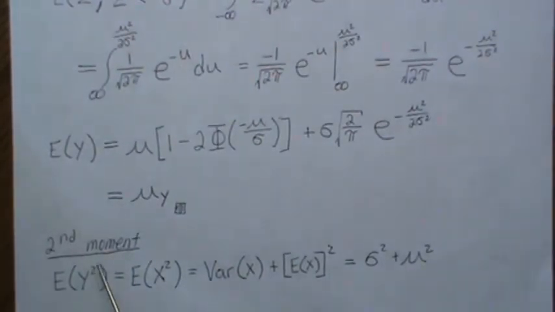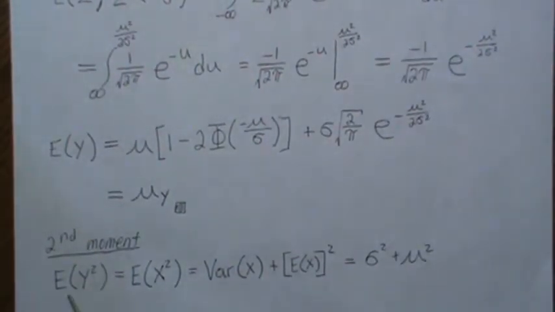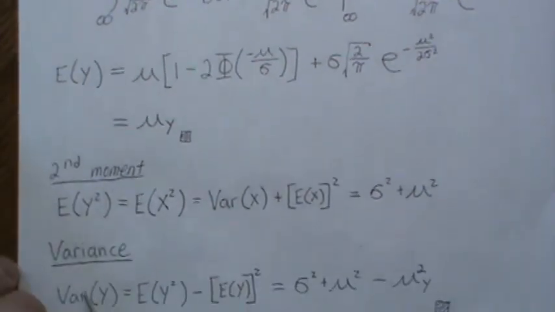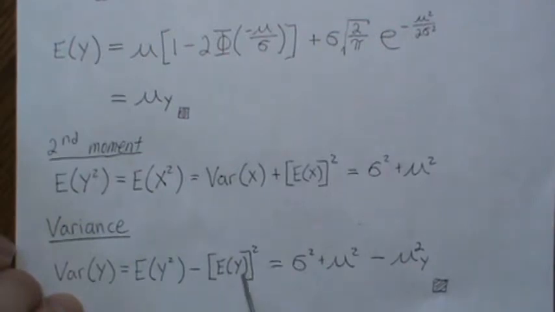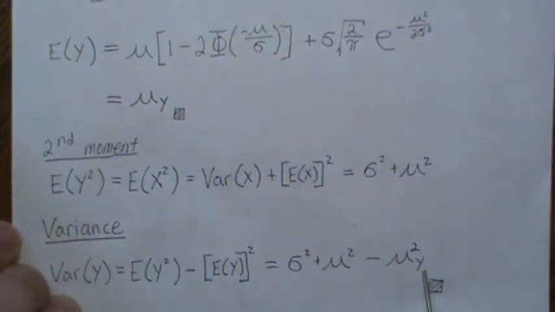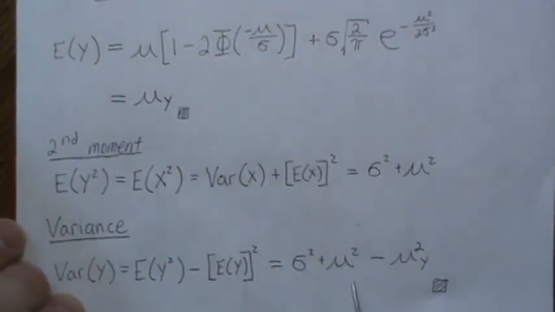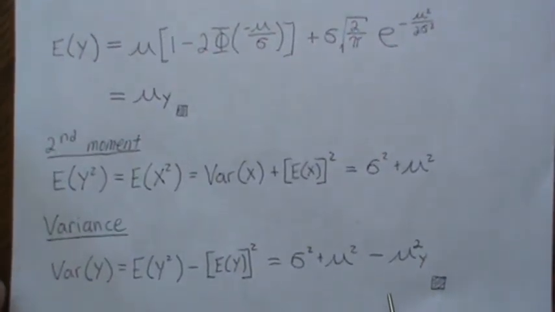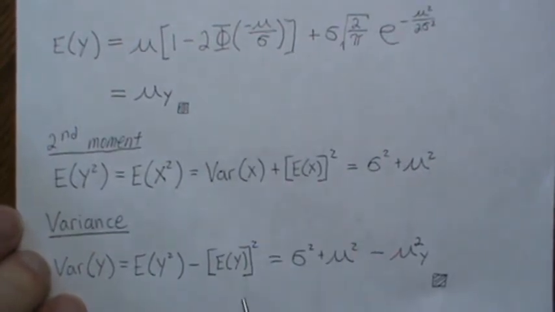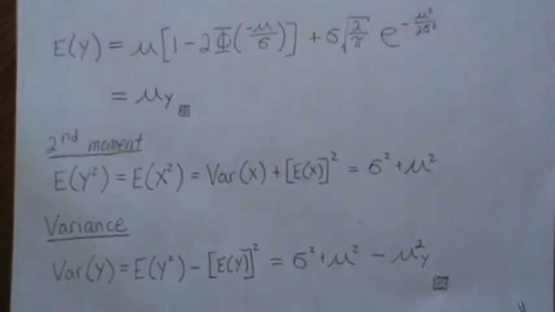So now once we know the expected value of y and the expected value of y squared, we can find the variance because it's this formula here. The expected value of y squared, we said, was sigma squared plus mu squared, minus the mean of y squared, which we said was this piece. And so we're finished, and that's the answer. So that's the mean and the variance of a folded normal distribution.